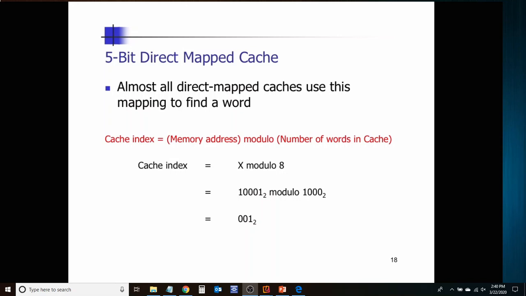So how do I find the cache index, say for a given memory address? Almost all the direct mapped caches are going to use this particular formula to find a word. We are going to be talking about blocks in just a bit, where blocks are essentially groups or collections of words, where one word is 32 bits.